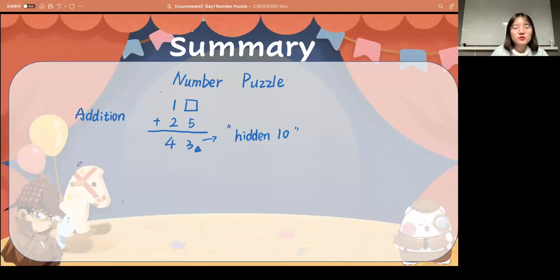Yeah, and then for subtraction questions, still we can have one example, like 3, 1 minus 1 number equals maybe 7.